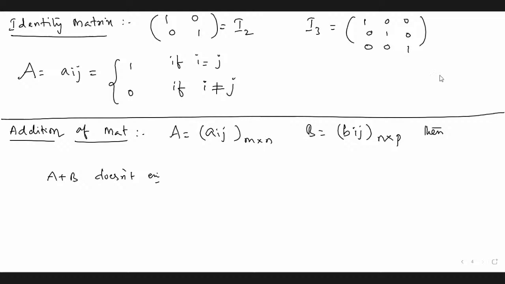Copy this one. I'm repeating this: if A is equal to Aij of M by N, B is equal to Bij of N by P, then A plus B does not exist.